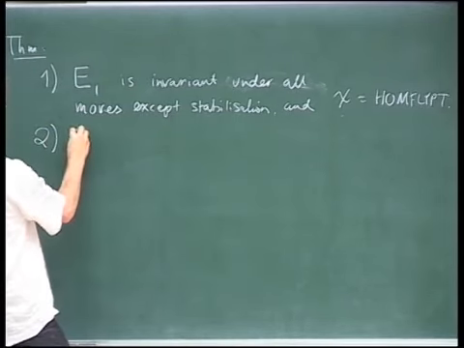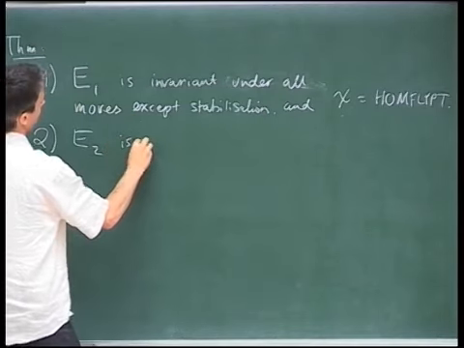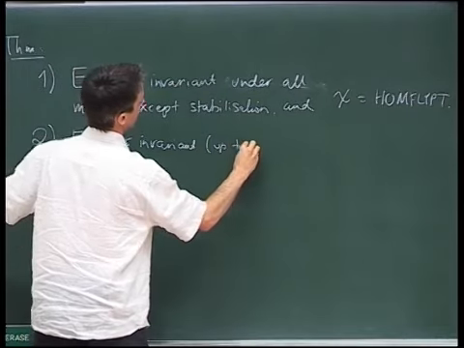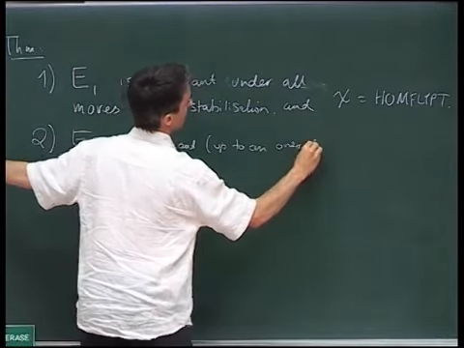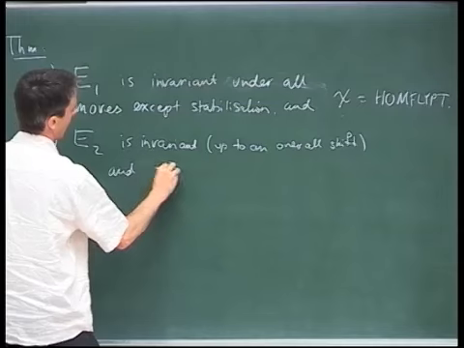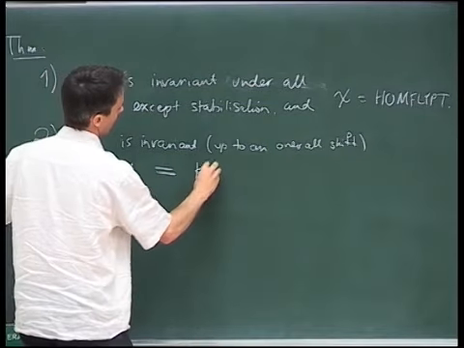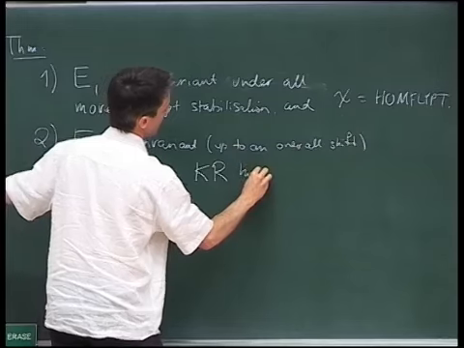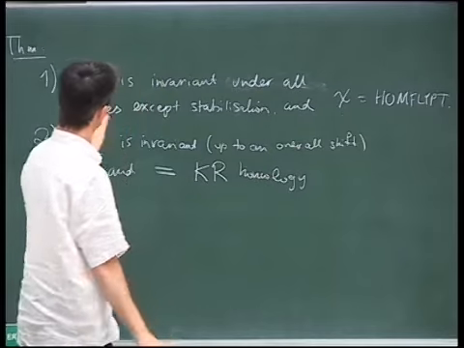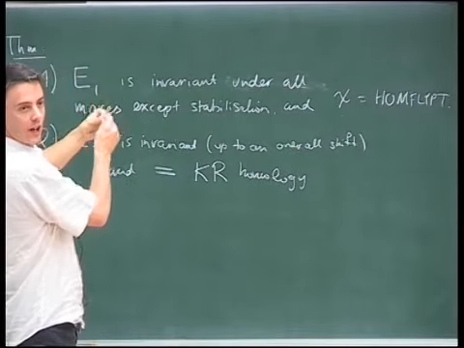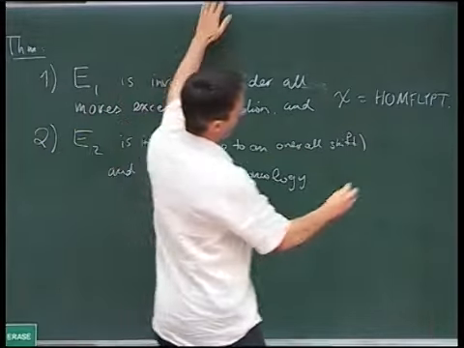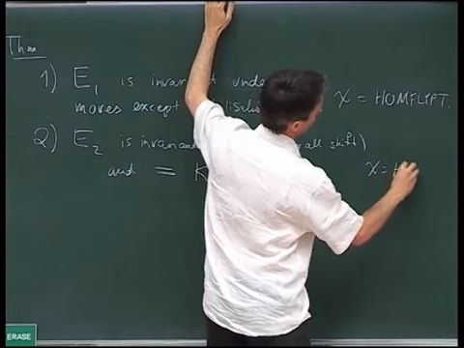And E2 is invariant up to an overall shift, and is equal to Khovanov-Rozansky homology. So if you think passage from E1 to E2 will not change the Euler characteristic, and so we still have Euler characteristic equals HOMFLY.